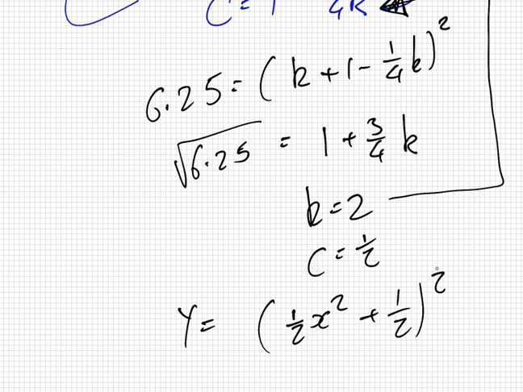Now let's give this one another go. Alright, so when I put x as 1, I should get 1. And I do. And when I put x as 2, I should get 6.25. And I do.